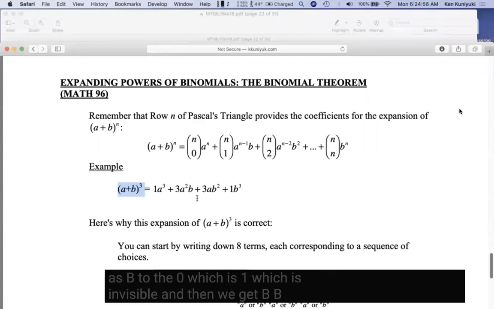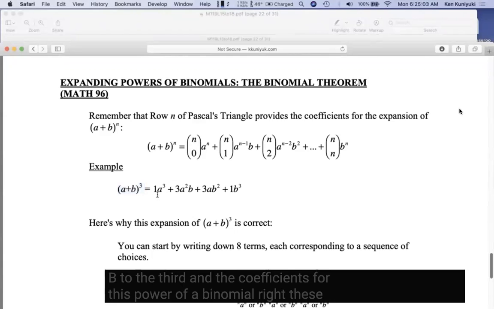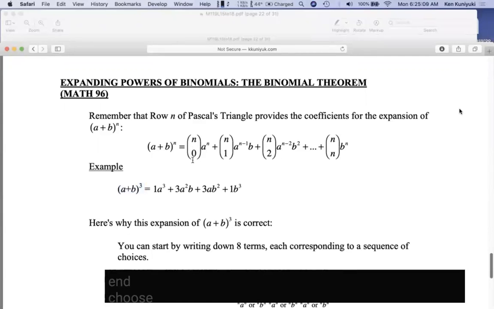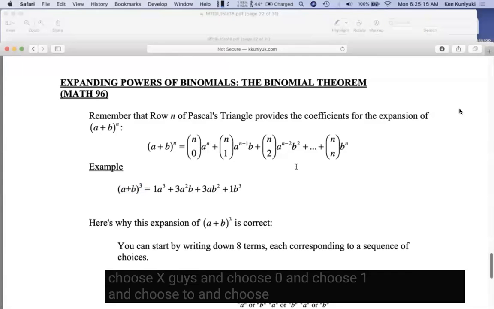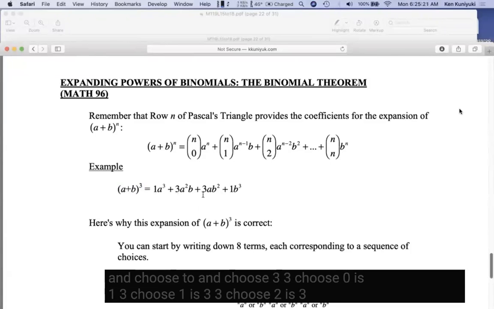And then we get b to the second, b to the third. And the coefficients for this power of a binomial, these coefficients come from Pascal's triangle. It's these binomial coefficients, these n choose x guys. n choose 0, n choose 1, n choose 2, n choose 3. 3 choose 0 is 1, 3 choose 1 is 3, 3 choose 2 is 3, 3 choose 3 is 1.